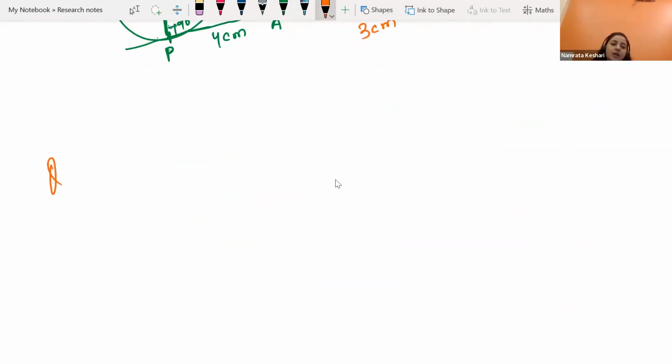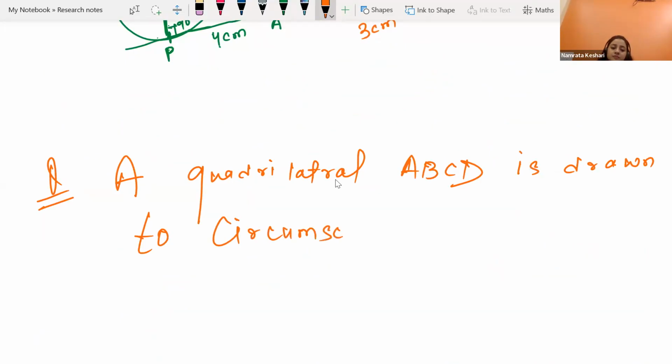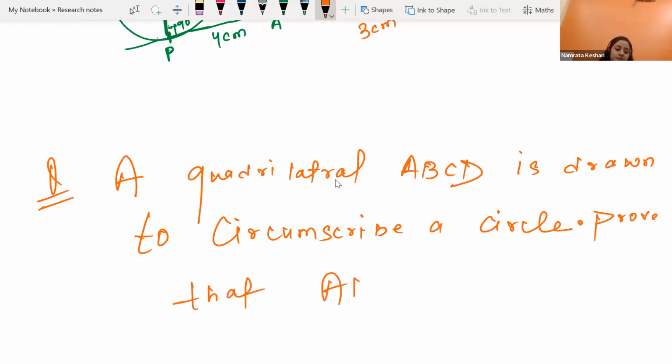Now the next is a quadrilateral ABCD drawn to circumscribe a circle, prove that AB plus CD is equals to AD plus BC.